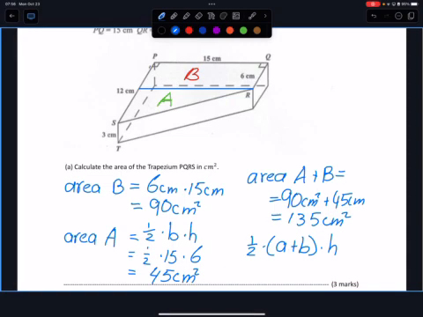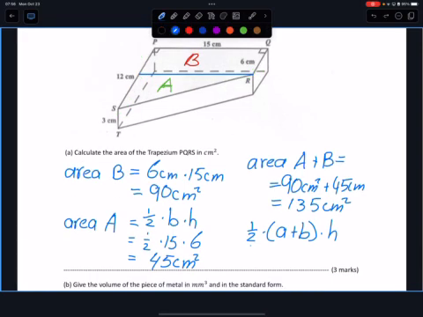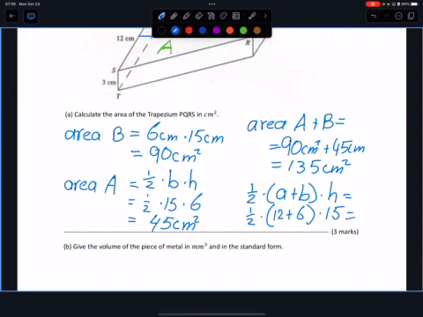Easy. This is A. 12 centimeters is A. This is B. And that is your height, 15. So a half multiplied by 12 plus 6 multiplied by 15. If done correctly, your answer is also 135 square centimeters.